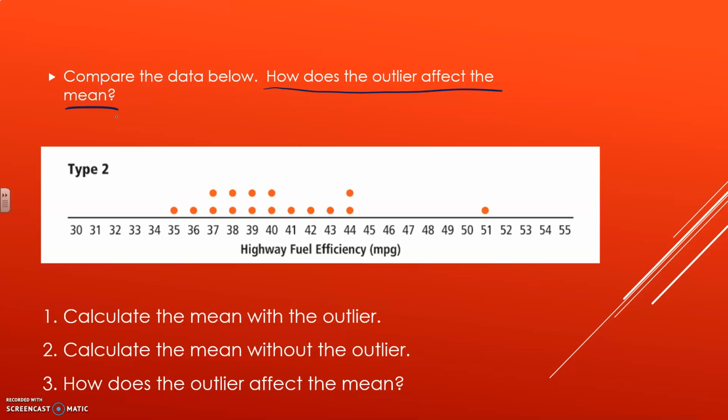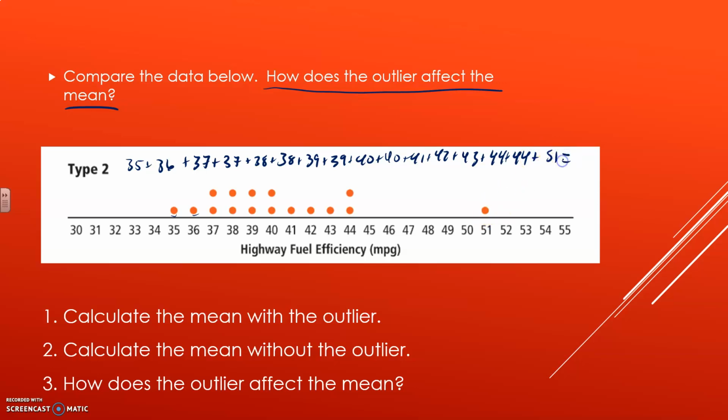If we go with type 2, remember to find the mean, I add up all the values. So I would take this dot at 35 plus 36 plus 2 37s plus 2 38s plus 2 39s plus 2 40s plus 41 plus 42 plus 43 plus 44 plus 44 plus 51.